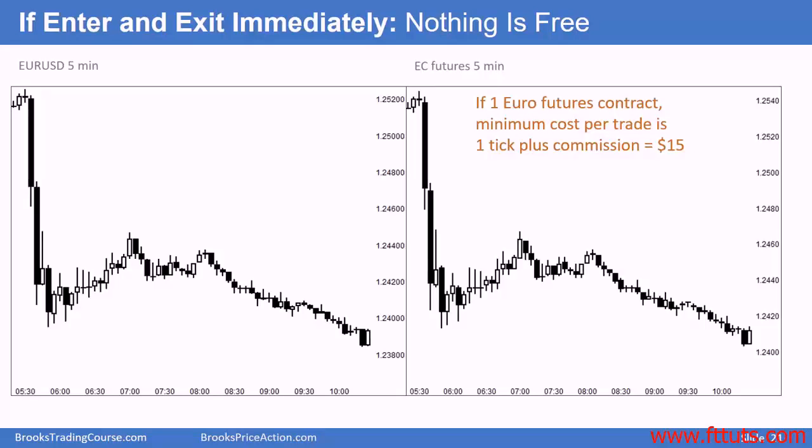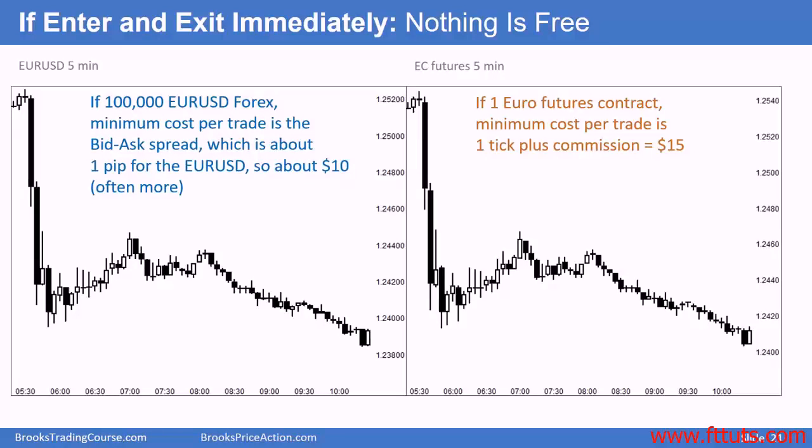Now, one euro futures contract, the minimum cost per trade is the bid-ask spread, one tick, plus a commission, about $15. Now, the minimum cost, if you're trading 100,000 euro versus the dollar Forex units, is the bid-ask spread, which is about a pip or about $10. Sometimes it's more. So the cost is comparable.